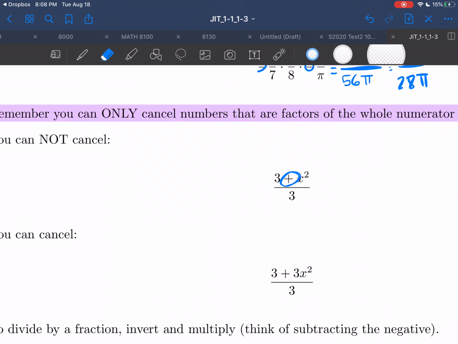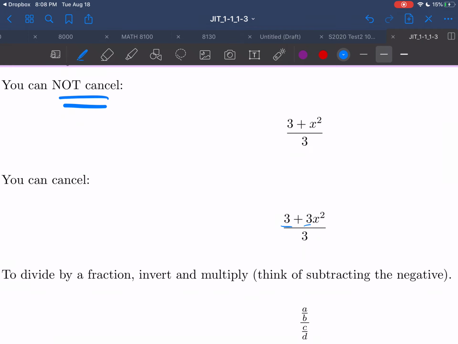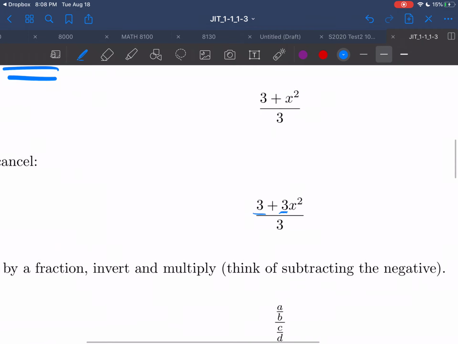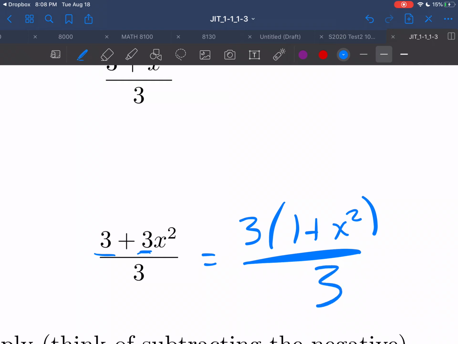Now, down here we've got a 3 in both of these, so we can factor that 3 out and rewrite it. So we can rewrite this as 3 times 1 plus x squared over 3. So we took the 3 and then the 3 here, and we pulled them out.